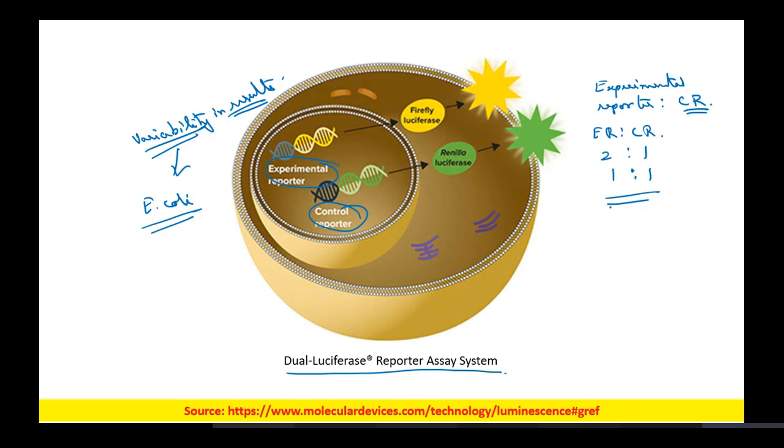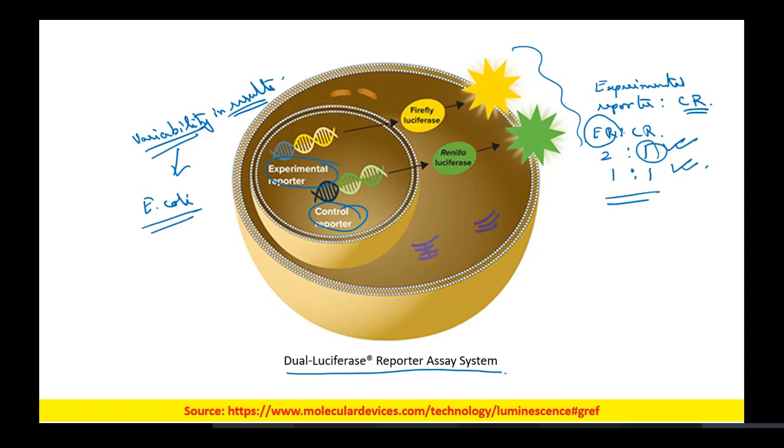Okay. So it is either in the 2:1 ratio, which you need to put within the cells, or in a 1:1 format. So from there you will be able to compare the intensities of both the control and the experimental reporter, and from there you can do the analysis.